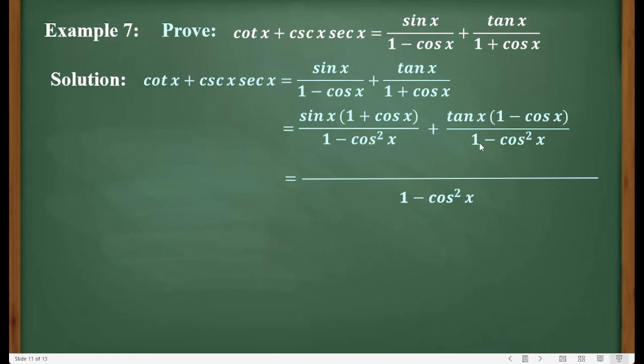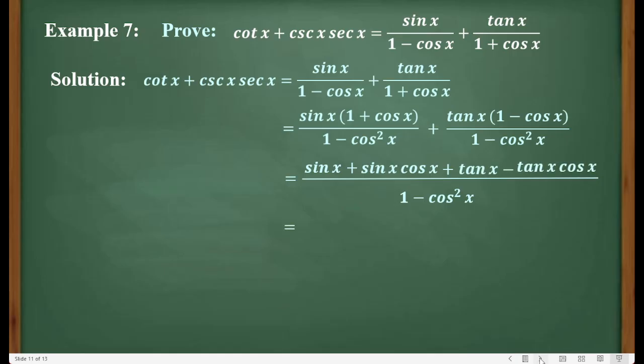Since we now have a common denominator, we make the two denominators as 1 minus cosine squared of x. Sine x is being distributed inside the parentheses. If we multiply this to this binomial, the resulting product would be like this. Then same thing, tangent x multiplied by 1 and cosine of x.